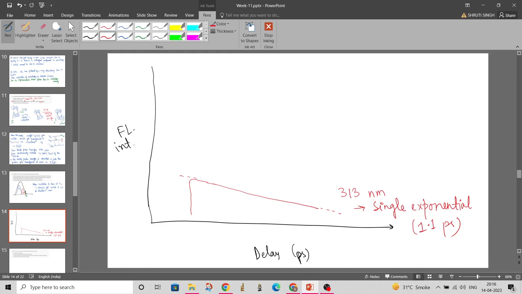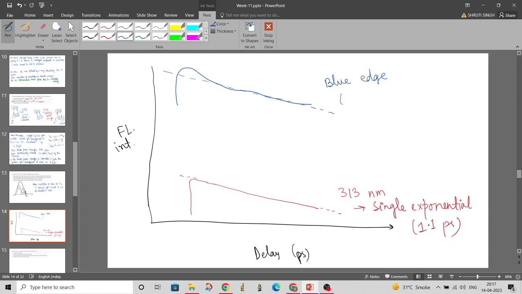But at the blue edge, this is not asked in the question, but at the blue edge, it was like this. So here we have two components. It doesn't get fitted to a straight line. So at the blue edge, both S1 and S2 are getting excited.